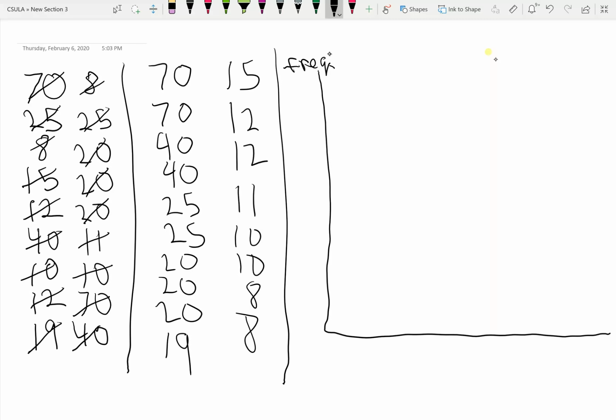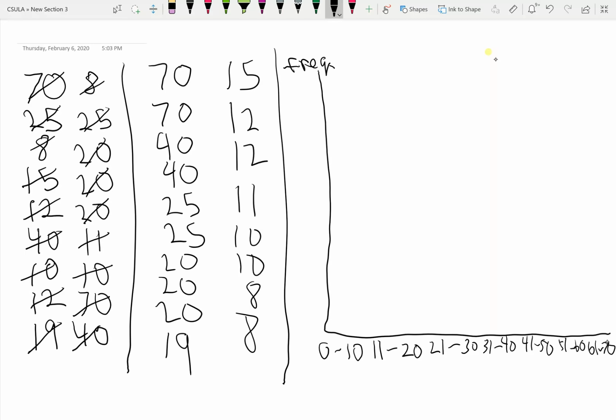Now I'm going to use limits here. 0 to 10, 11 to 20, 21 to 30, 31 to 40, 41 to 50, 51, I ran out of space, 60, 61 to 70.